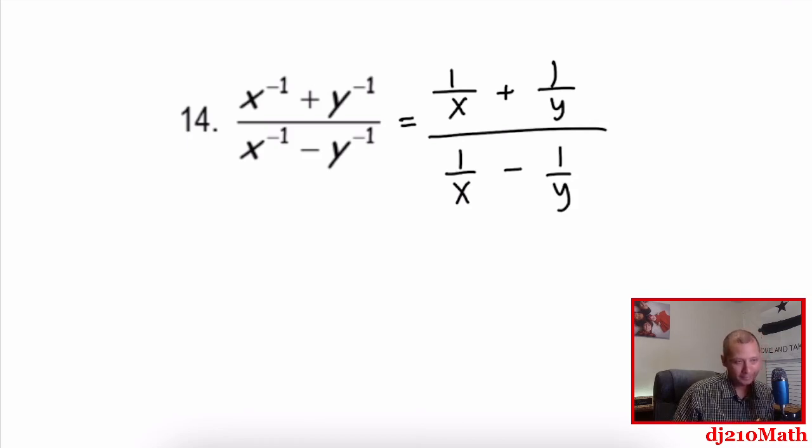When you're adding and subtracting terms, you can't cancel. It's so tempting to just be like, yeah, it cancels. But nah, it doesn't work that way, strictly because of the plus and minus part. It's got to be multiplication.